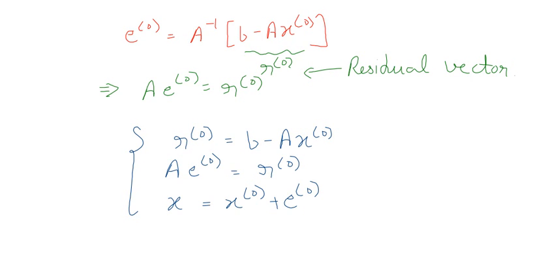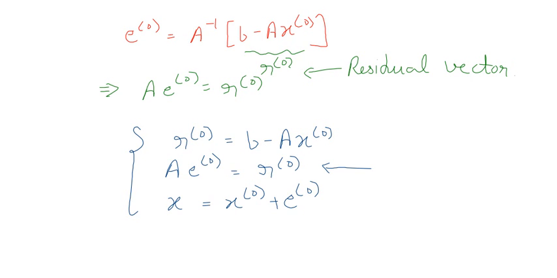But because of this process, here you are going to use again Gauss elimination method or another technique to solve this. Because of the computational limit, and because of the cost of finding the inverse of the matrix A, we are not going to solve the equation directly as E0 equals A inverse times R0.